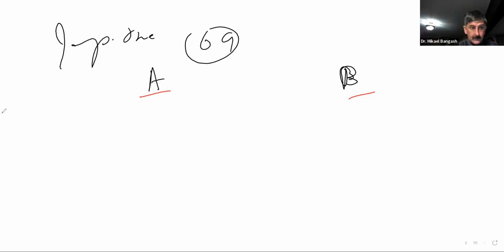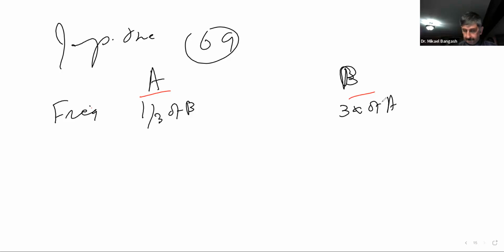Now, one factor is going to be frequencies. They say the frequency of wave A is 1/3 of B, which mainly means we can make the frequency of B 3 times that of A. Did you guys get that? Good.